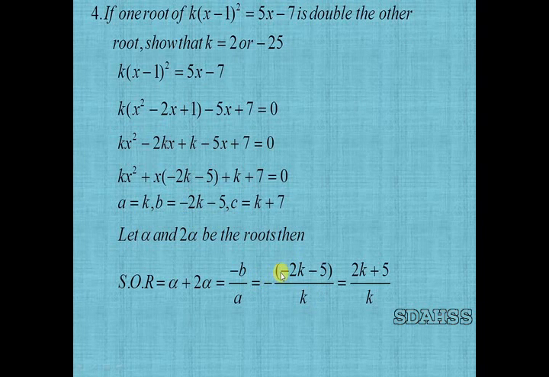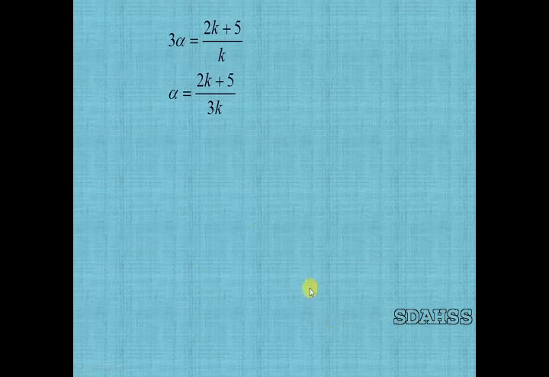Then multiply the minus sign inside the bracket: minus into minus is plus 2k, minus into minus is plus 5, divided by k. Now alpha plus 2 alpha is 3 alpha, so 3 alpha is equal to (2k plus 5) by k.